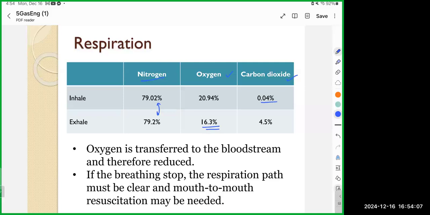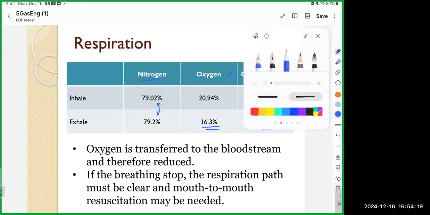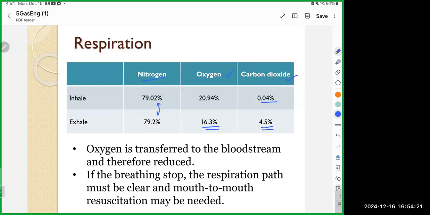The body, however, produces a lot of carbon dioxide and releases it at around 4.5%. So roughly speaking, we take O2 into our body at around 4%, right? And we have carbon dioxide around 4% going out.